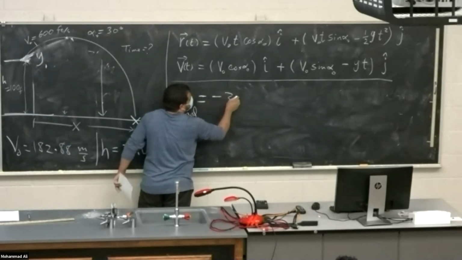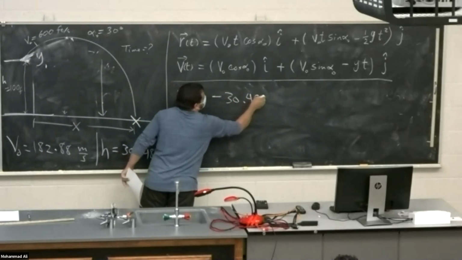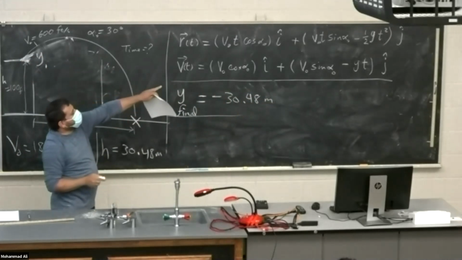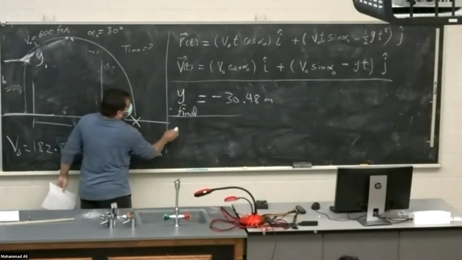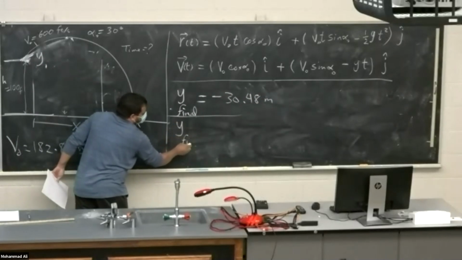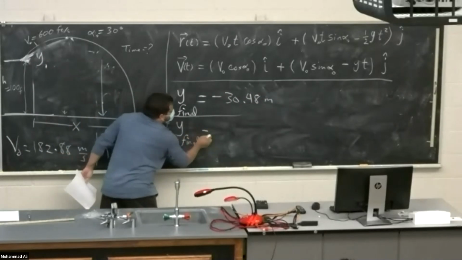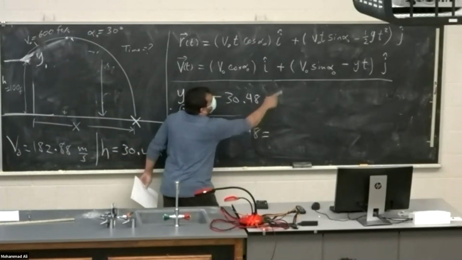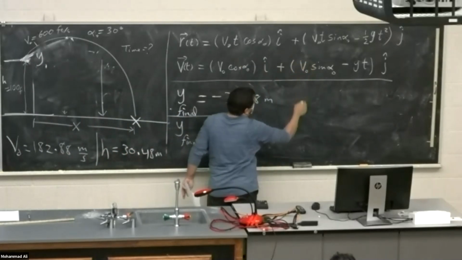It is negative 30.48 meters. Y final, which is equal to negative 30.48, is equal to the Y component of the position vector.